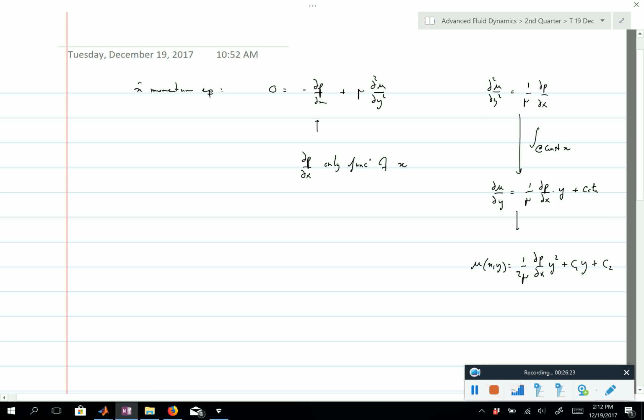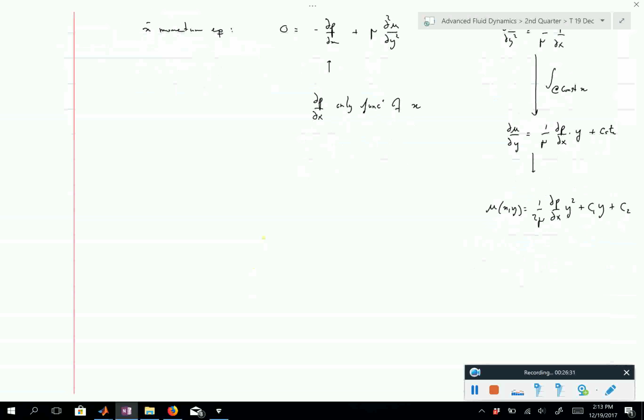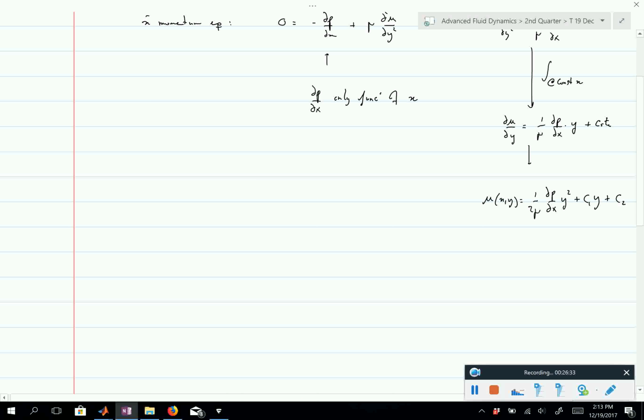Right? Those constants might depend on x. So if this term is 0, we have a Couette-like flow, and this is your Poiseuille-like term.